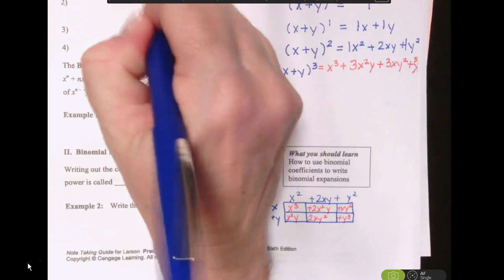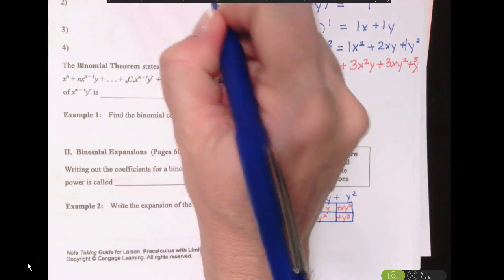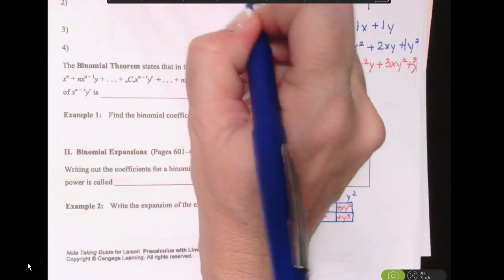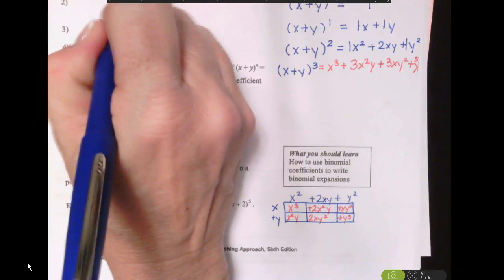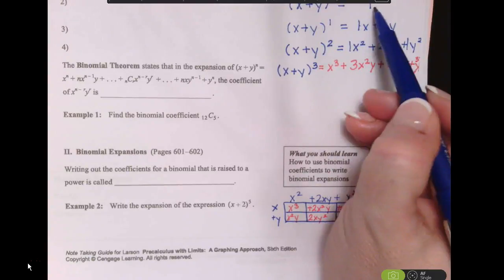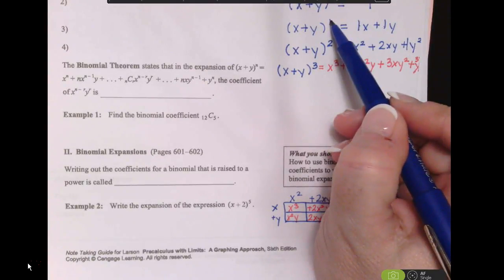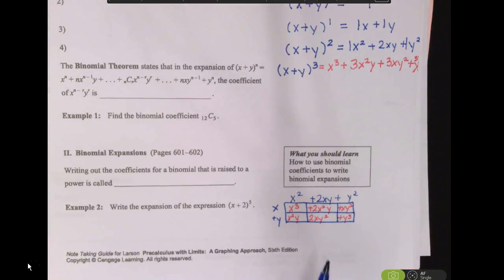So in each expansion, there are n plus 1 terms. So in x plus y to the 0, we had 1 term. When there's to the first power, we had 2 terms. To the second power, we had 3 terms, and so on and so forth.